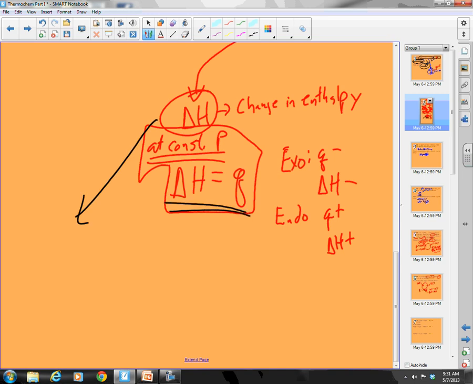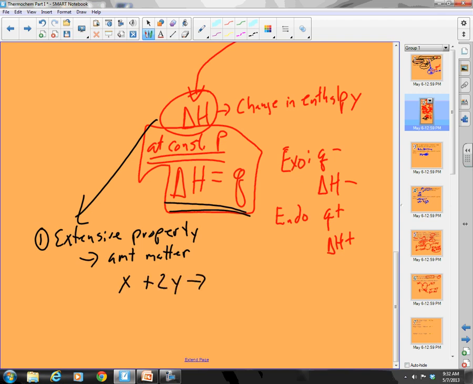This thing is an extensive property. You guys remember what extensive properties are? That means amount matters. So if I have a reaction, let's say X plus 2Y goes to Z, and my delta H there is equal to 142 kilojoules.